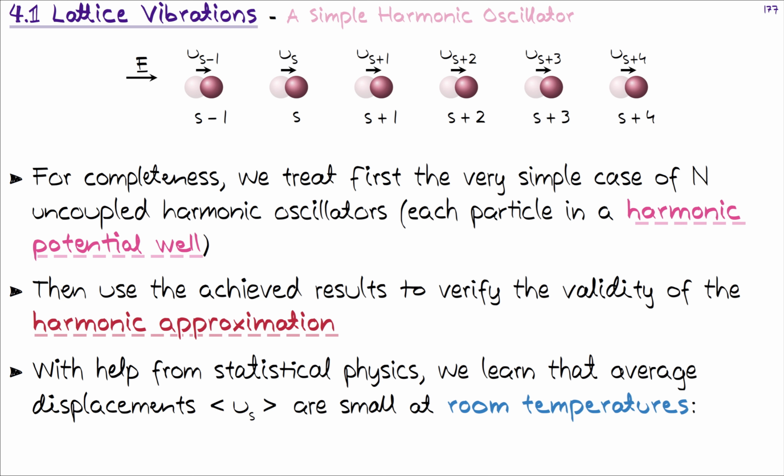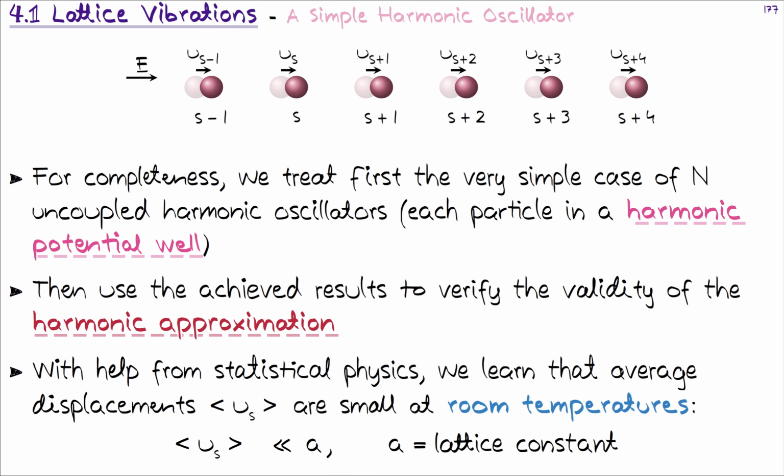And we know that when we are at room temperature, these displacements will be small. So this is what we will learn in essence after this lecture. Mathematically put, we learn that the average displacement is small compared to a, where a is the lattice constant.